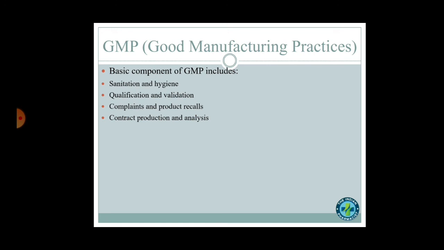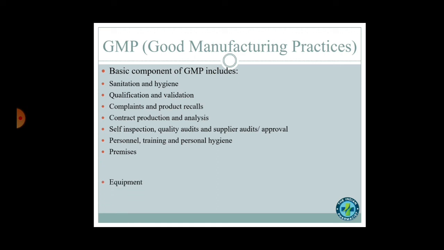The basic components of GMP include sanitation and hygiene, qualification and validations, complaints and product recall procedures, contract production and analysis procedures, self inspection, quality audit, and supplier audit or approvals, personnel training and personnel hygiene, premises, equipment, raw material and packaging materials, documentation, holding and distribution.